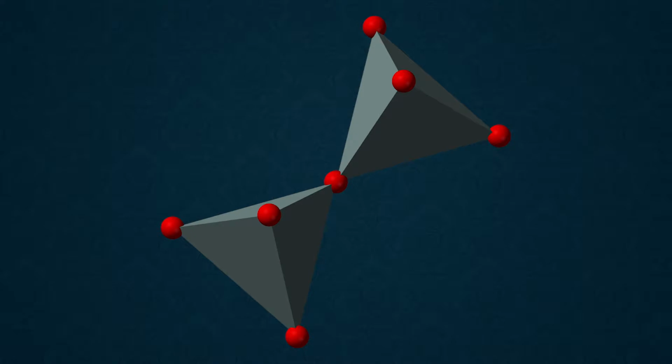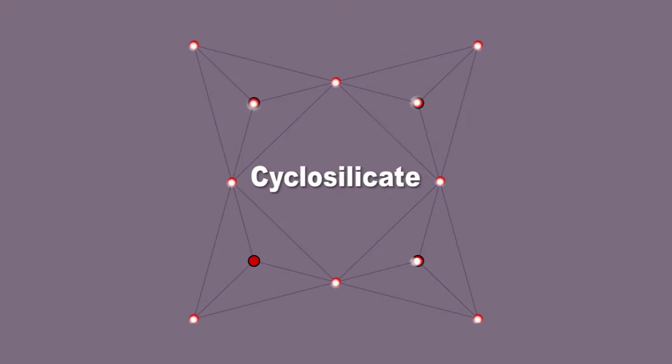Sorosilicates are the silicate minerals consisting of double tetrahedral groups in which one oxygen atom is shared by 2 tetrahedrons. Cyclosilicates, in contrast, are arranged in rings made up of 3, 4 or 6 tetrahedral units.